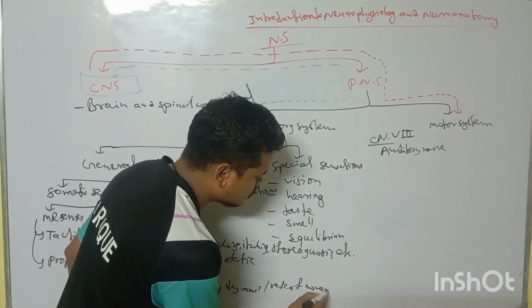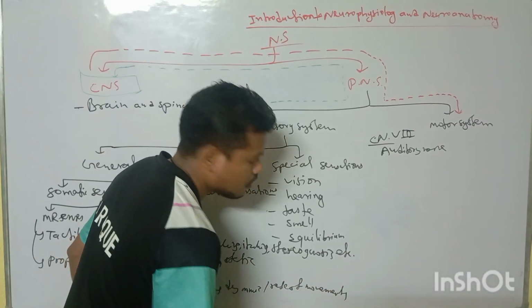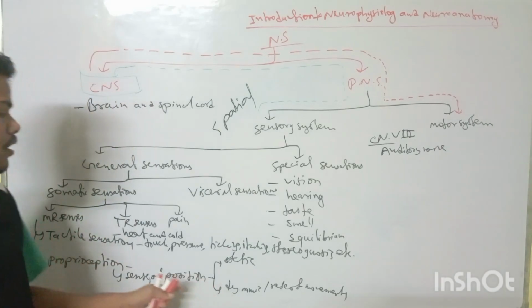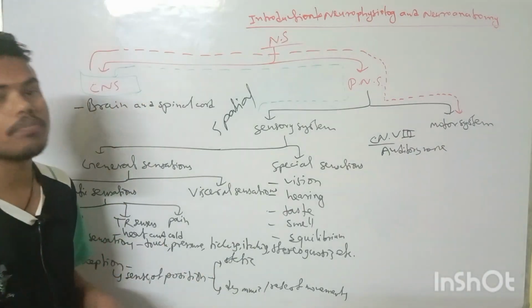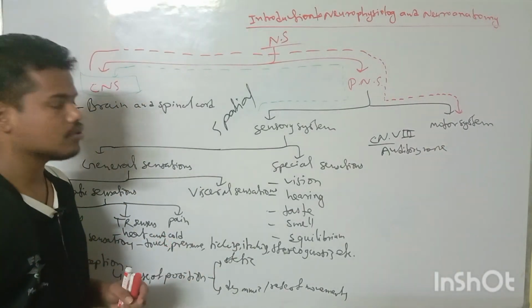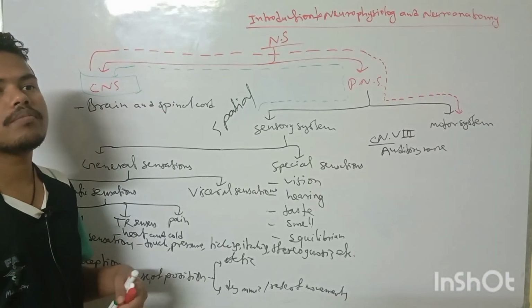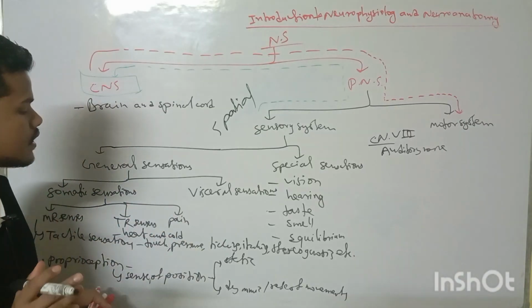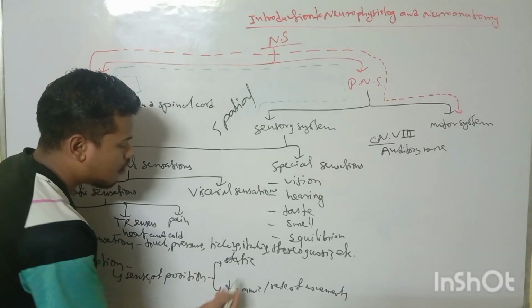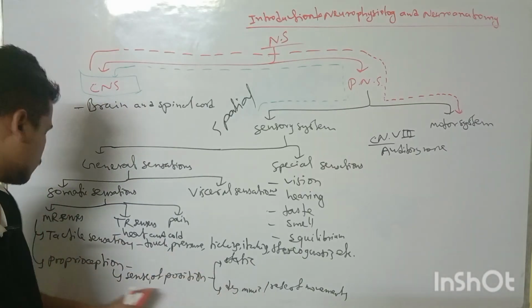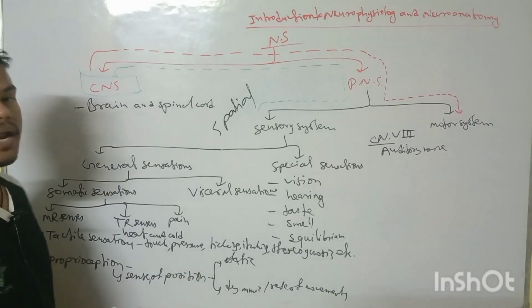Like if the system is in a dynamic phase, then what is the rate of movement? Is it slow, fast, or medium? There are various ranges. So all these sensations will fall under proprioception.